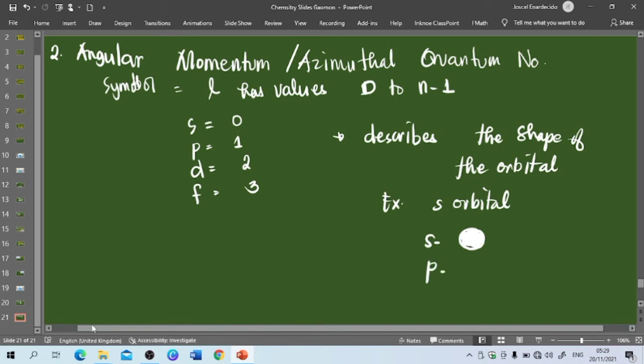The P has a shape like this one. And the D orbital has a clover leaf shape.